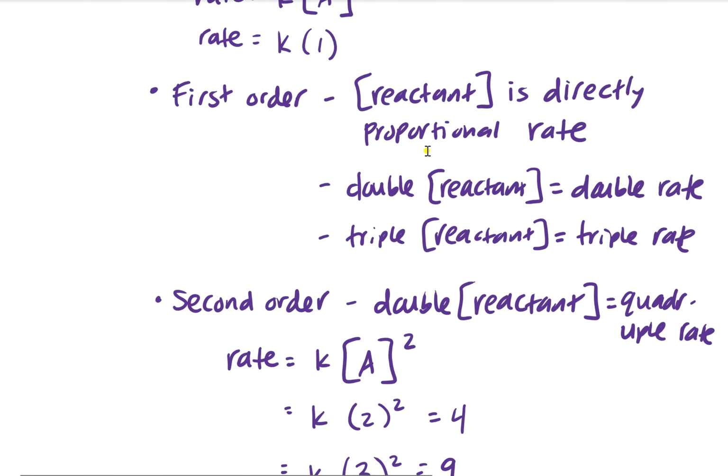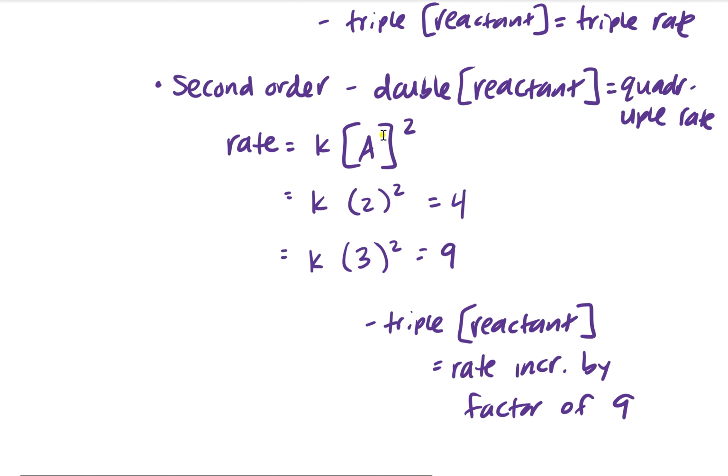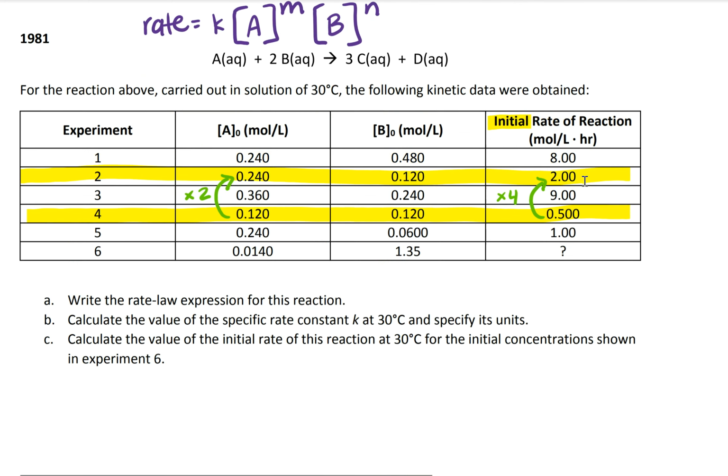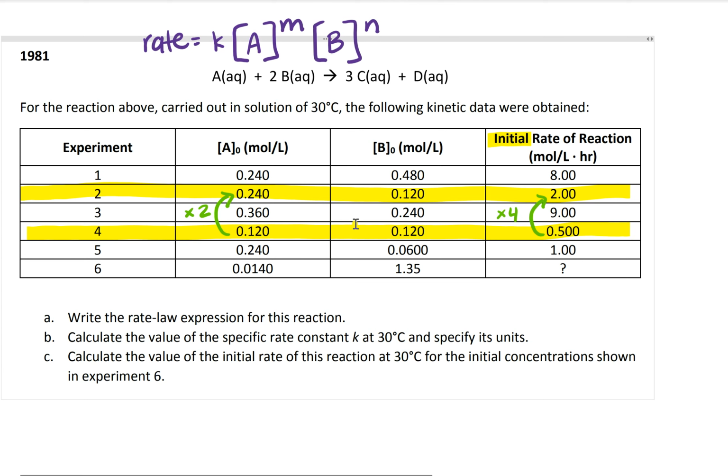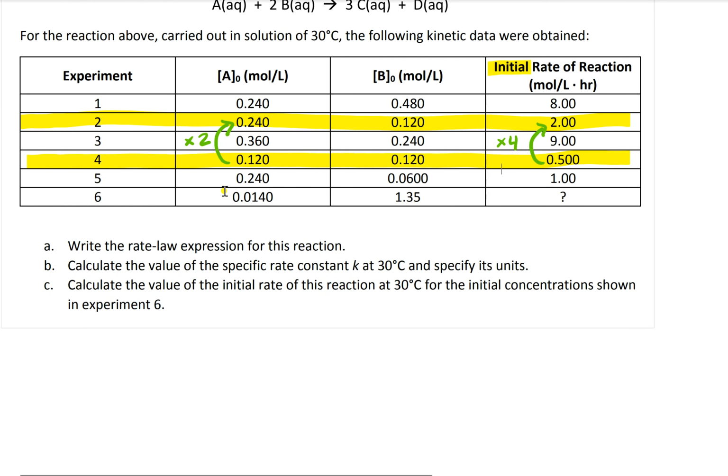We have first order, which means it's directly proportional. If one doubles, the other doubles. And then we have second order, meaning if we double our reactant, the rate is going to quadruple. And that's exactly what we see here in our example. The amount of A has doubled, causing the rate to quadruple. So therefore, the order for A is 2.